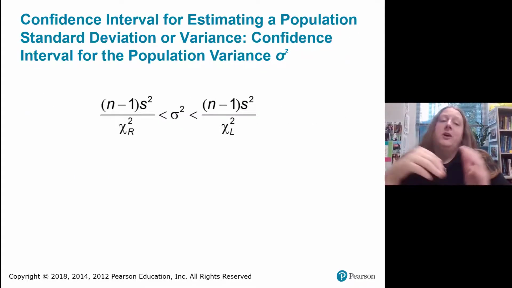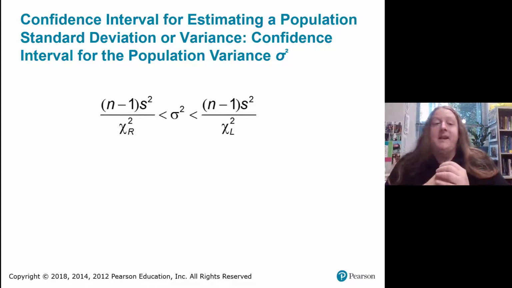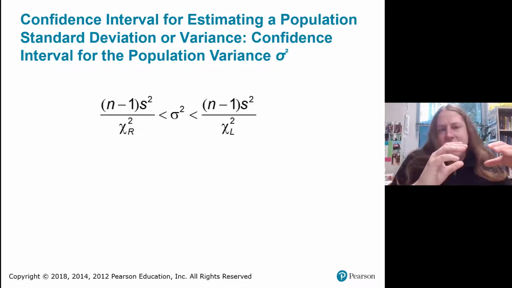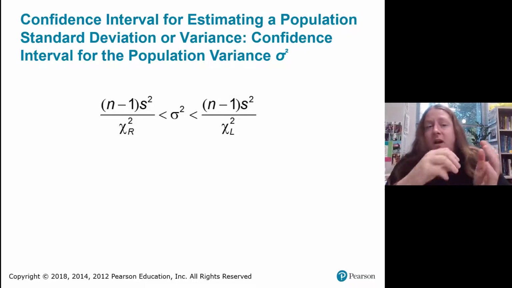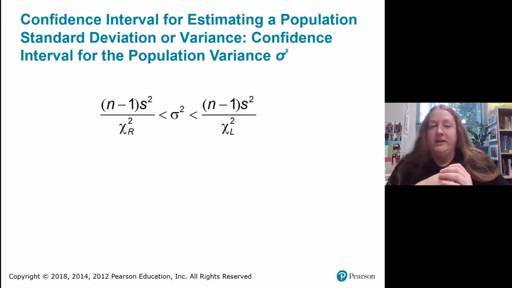All right, so our confidence interval, what it looks like, we have n-1 times our sample variance divided by our right-hand limit critical value, right tail critical value. And then we have n-1 times our sample variance divided by our left-hand critical value.